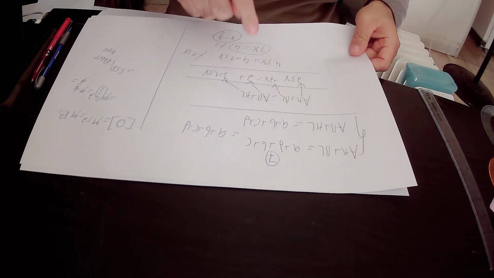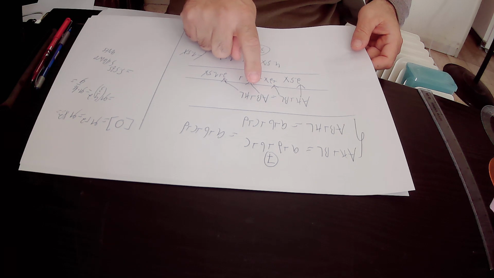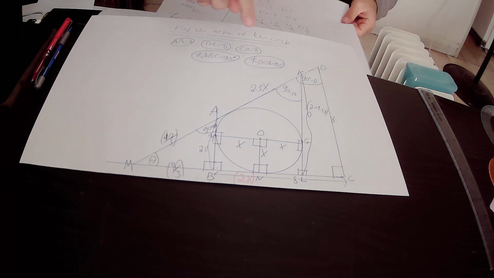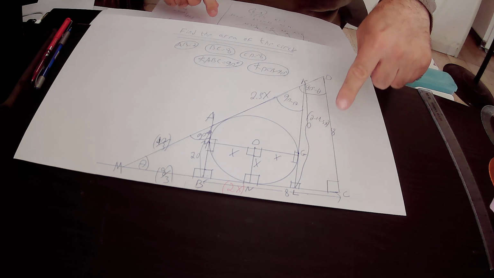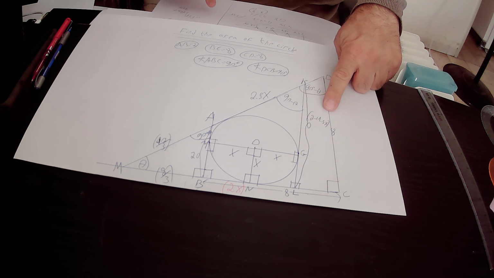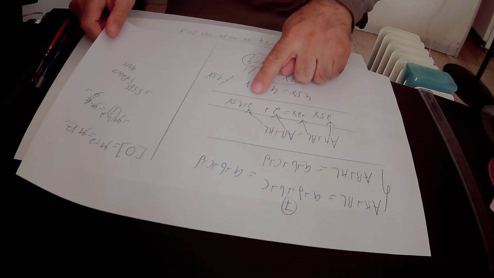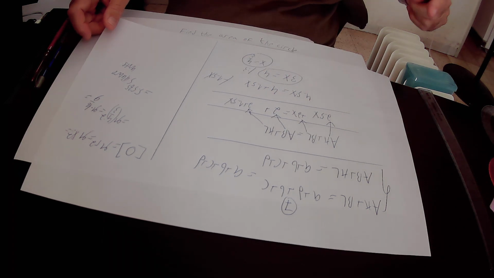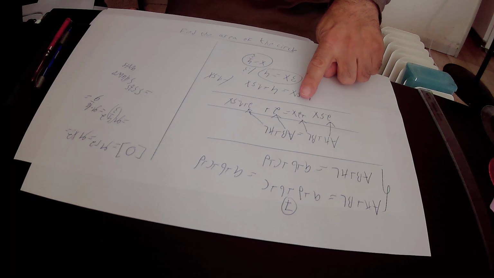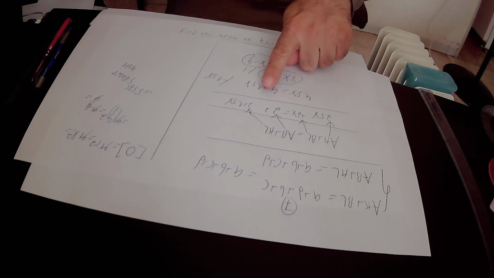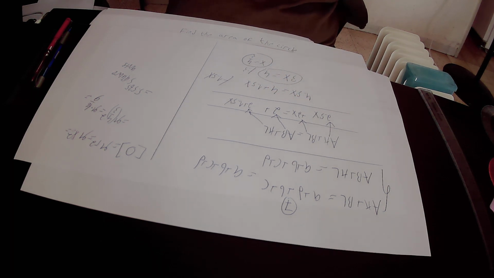AB equals 2 according to what is given in the question, so we substitute AB by 2. And finally, KL, we found out that KL equals 2 plus 1.5x, so we substitute KL by 2 plus 1.5x. In conclusion, we found out that 2.5x plus 2x equals 2 plus 2 plus 1.5x.